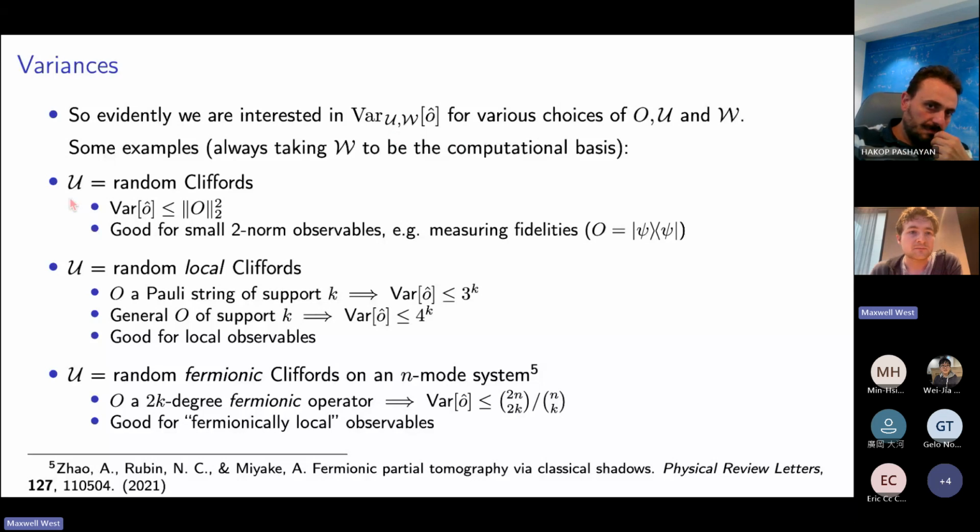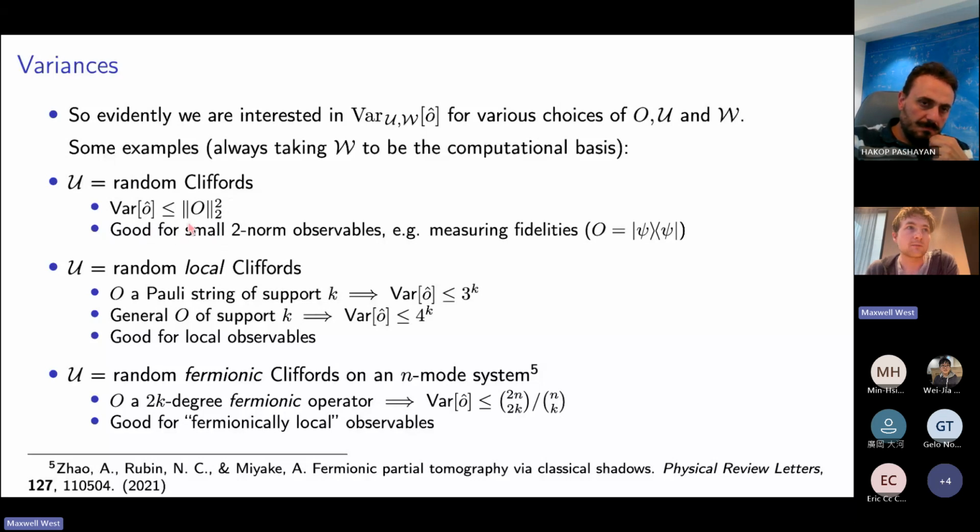So for example, if you just sample uniformly randomly from the whole global Clifford group, and you go through and do the Weingarten calculus and so on, you can show that these variances are bounded by the 2 norm squared of the operator.